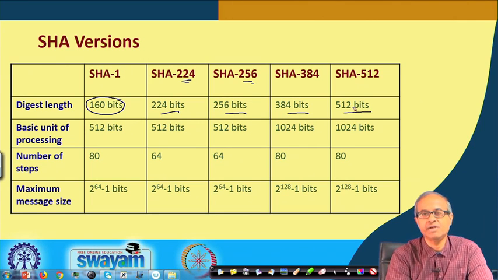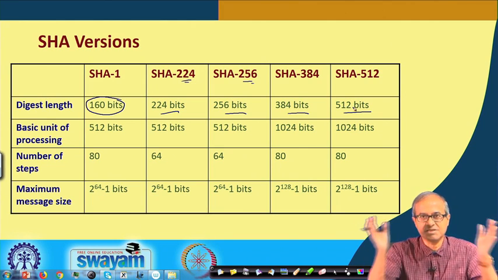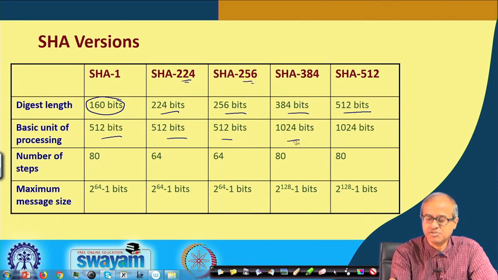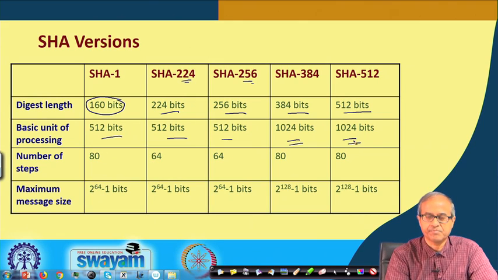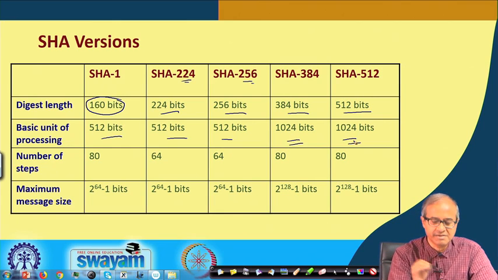So, SHA-512 indicates that the final hash value is 512 bits. The basic unit of processing, the chunks into which the message is broken up: the first 3 use 512 bits, the last 2 use 1024 bits. The number of rounds in that function f is very similar in their construction: 80, 64, 64, 80, 80.